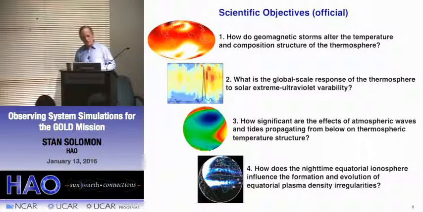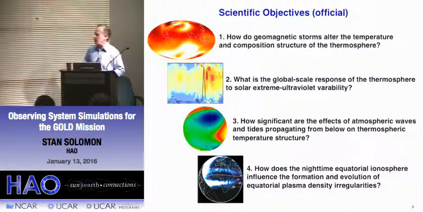So here are our real scientific objectives. We want to understand, this is the most important one, how geomagnetic storms change the upper atmosphere. We want to understand solar response to solar variability, solar photon variability. And then we want to measure the effects of waves and tides propagating from the atmosphere underneath.